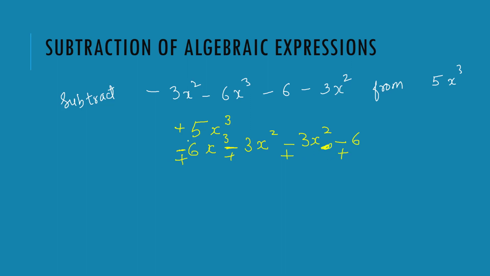You will change the sign of only one side. You are adding, so one will remain as it is, and you are using the additive inverse of the other. So this is going to be plus 6, and this is going to be plus 3x squared.